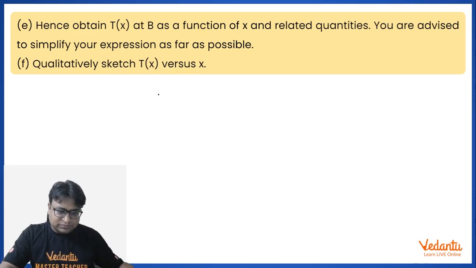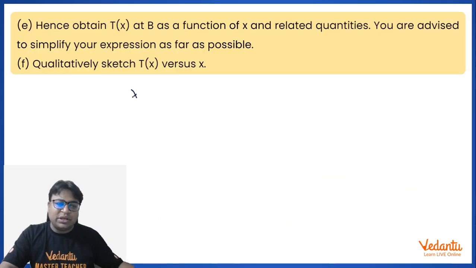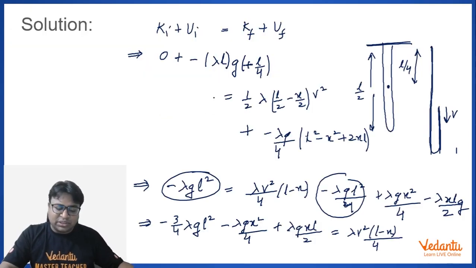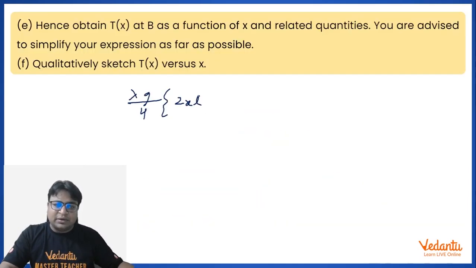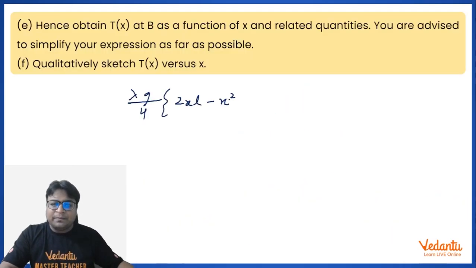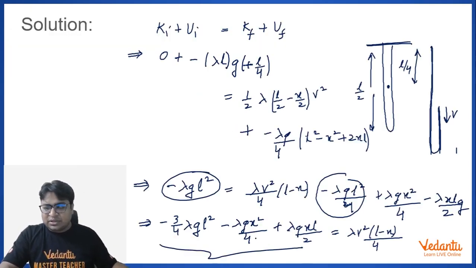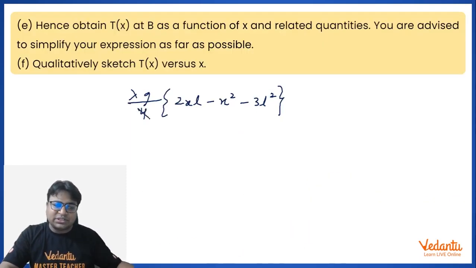So I can write lambda g by 4 into 2xL minus x square minus 3L square. Okay, so I've written this entire part into 4. 4 is on both the sides, so this 4 gets cancelled.